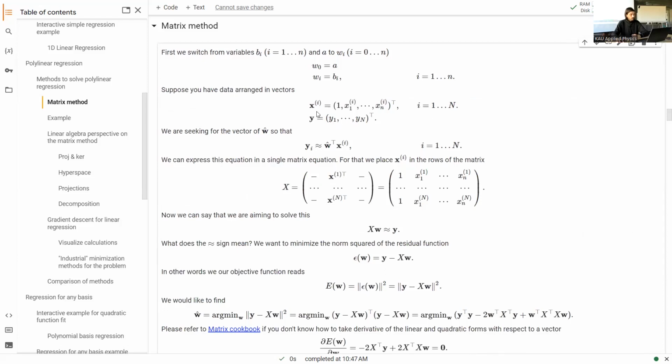Okay, and I have my measurements. These are y's. So this is the vector of y's of my measurements. So y's have the size of N, and x's have size of n plus 1. You see, it's a little bit more interesting.